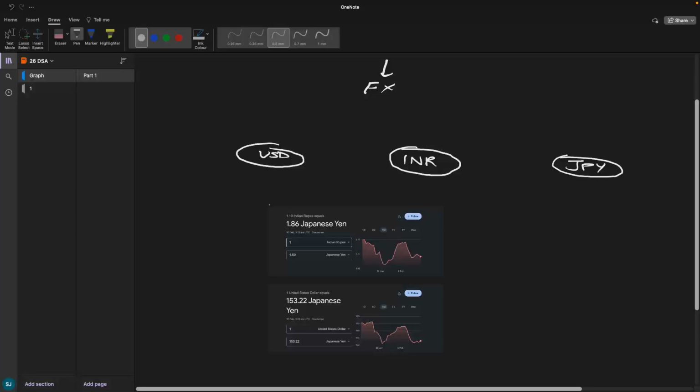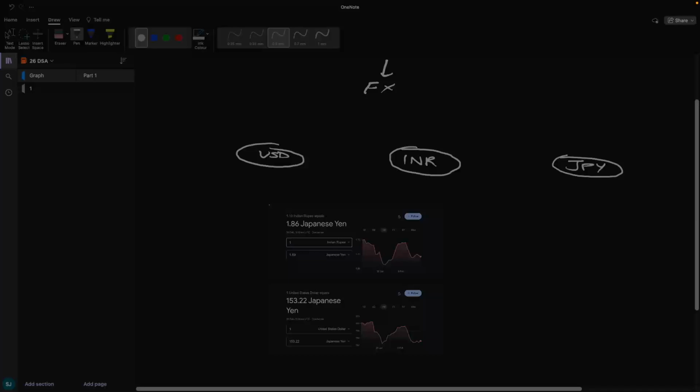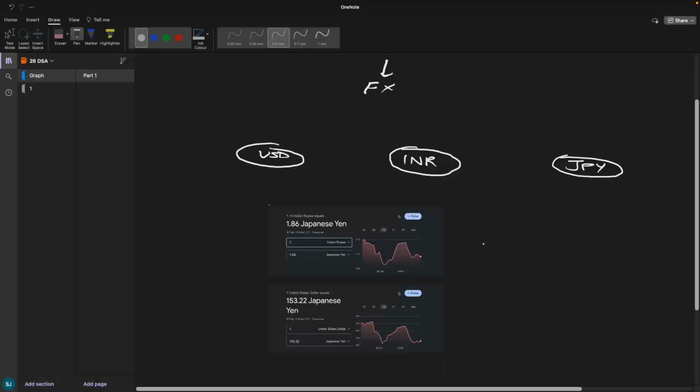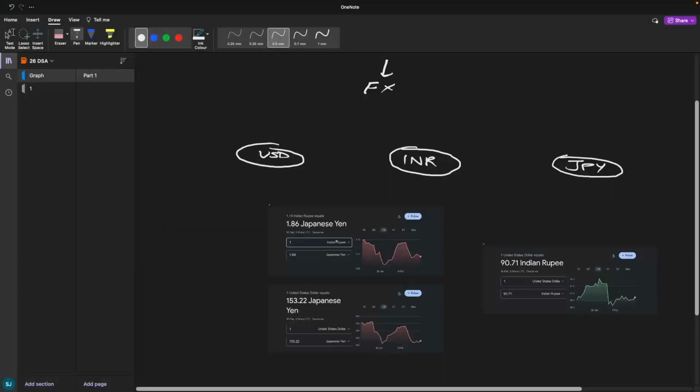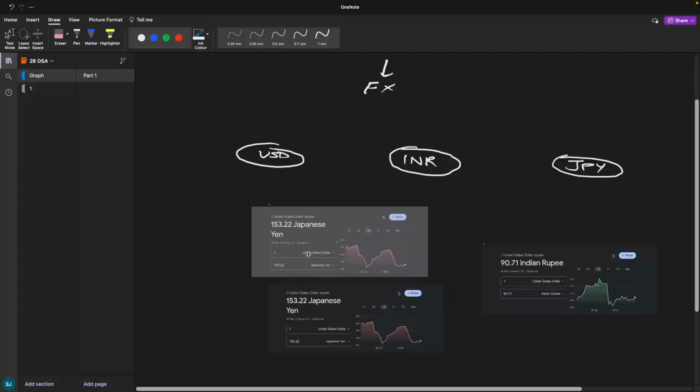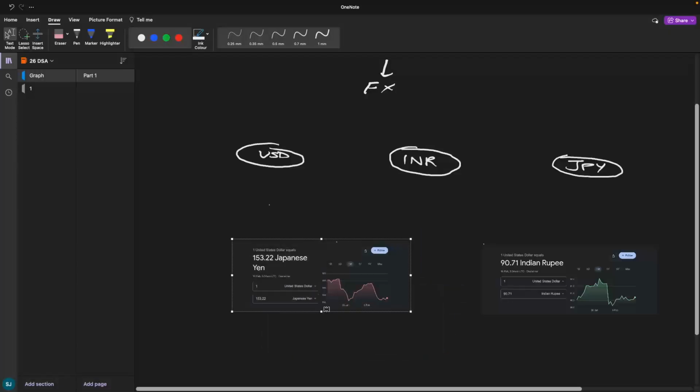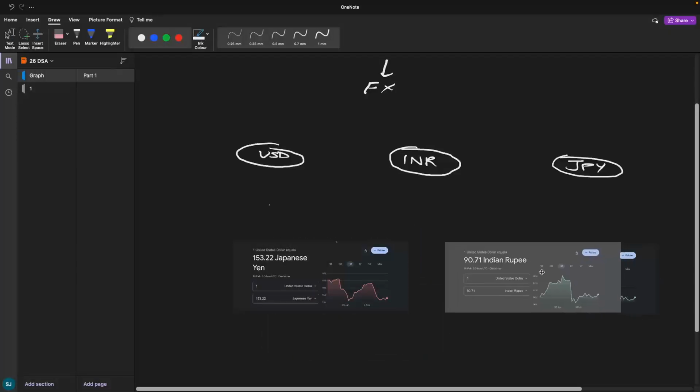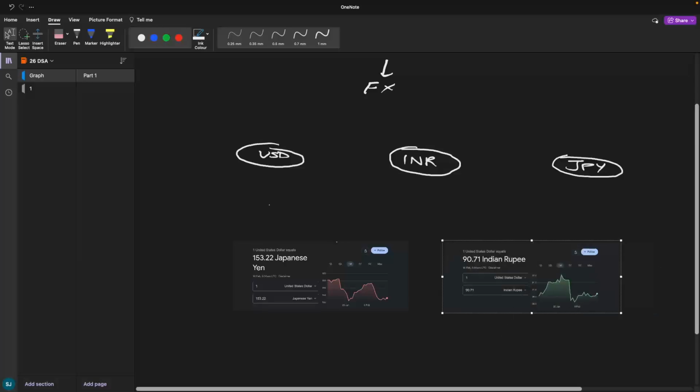Let's see, Indian rupees. There you go. So if you really look at it, 1 United States dollar equals this.